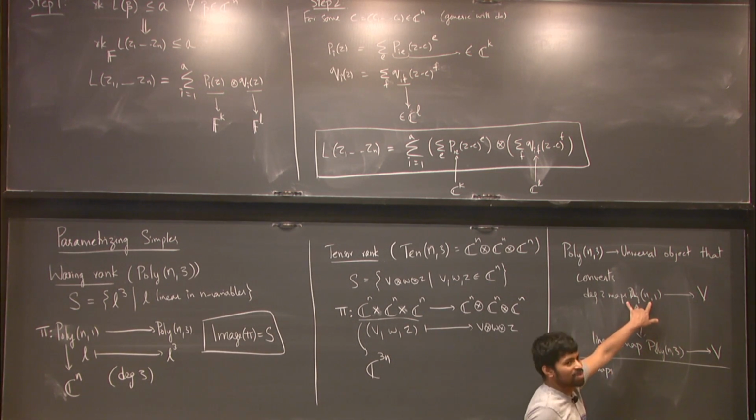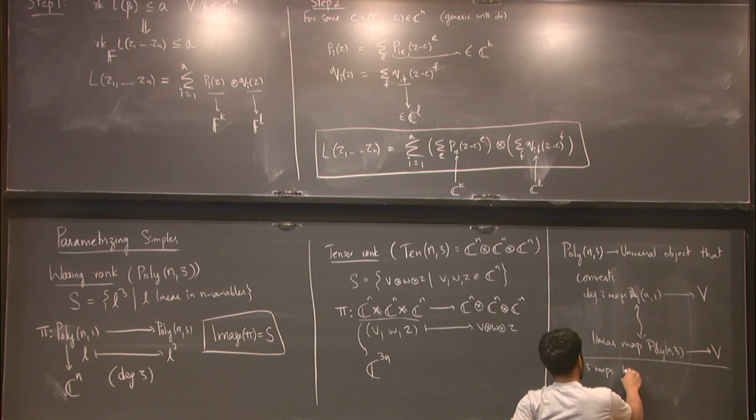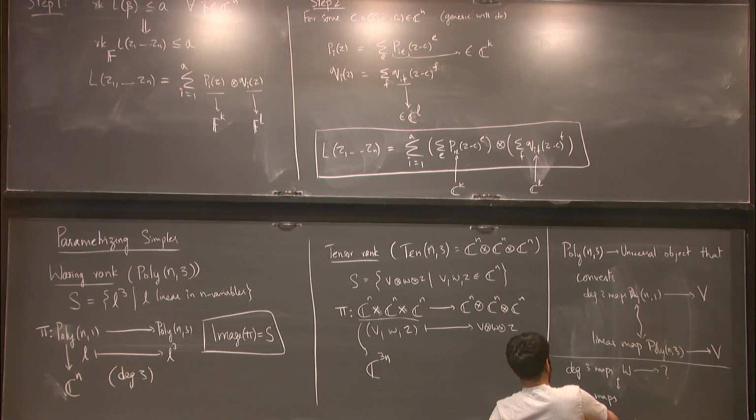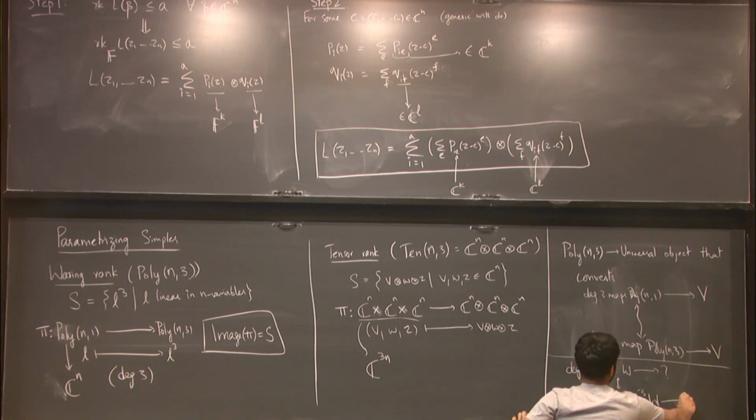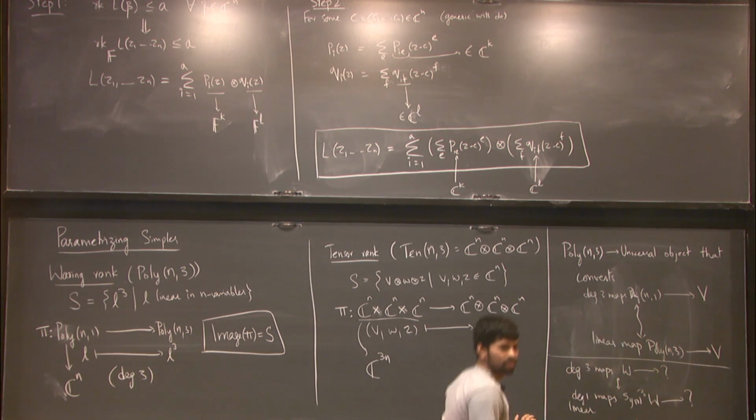Okay, so this is maybe linear polynomials, I don't care, it's some vector space. Degree 3 maps from a vector space into something is equal to degree 1 maps, or linear maps, from what I write as the third symmetric power to that same thing.